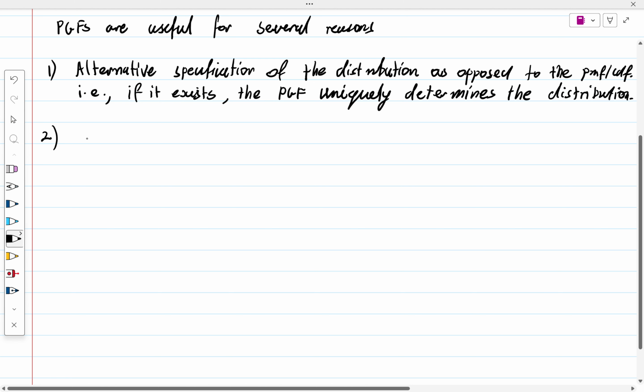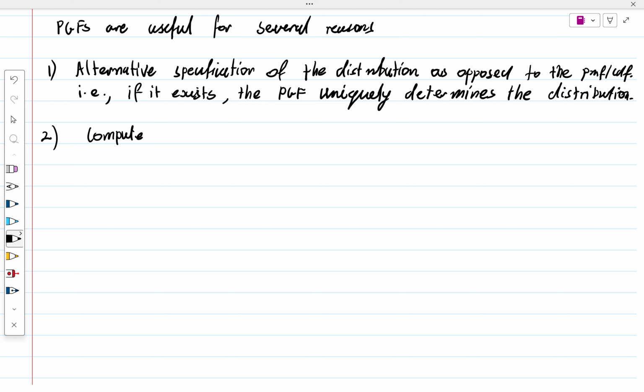So, quite simply, PGF, it's kind of in the name, probability generating. It can be used to compute the probabilities of a distribution.